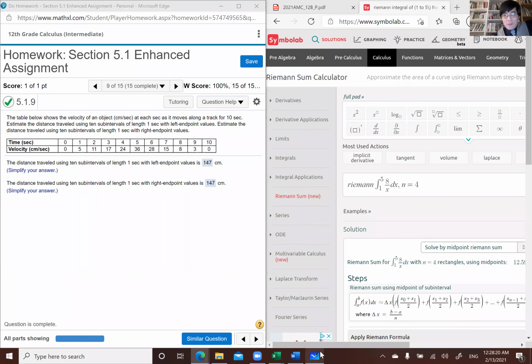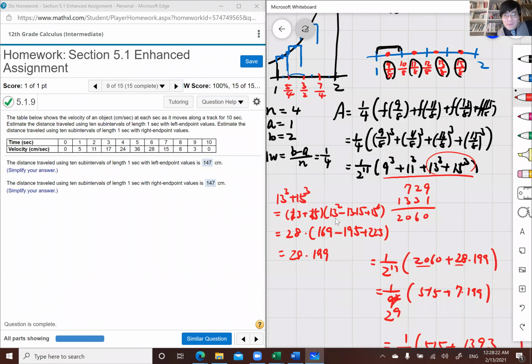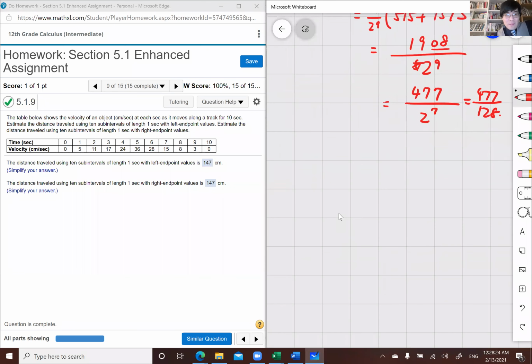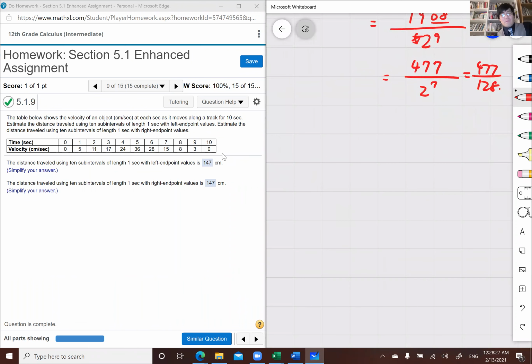So let me show you what this question means. So we have a table with time in seconds and the velocity in centimeters per second. And the time is like you have 0, 1, 2, 3, 4, 5, and so on. Okay.